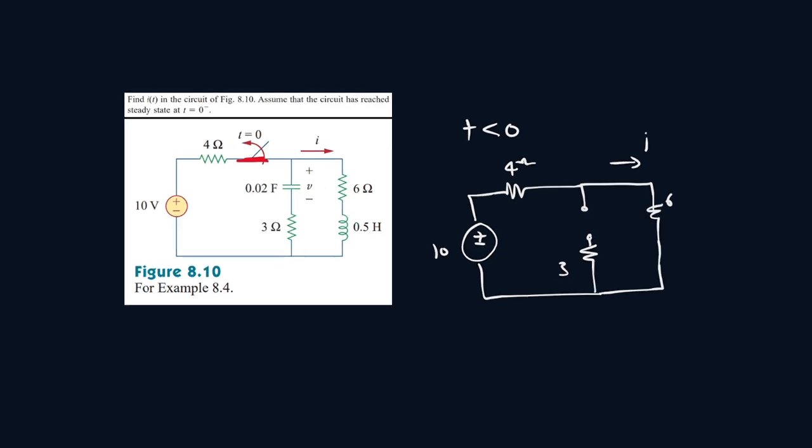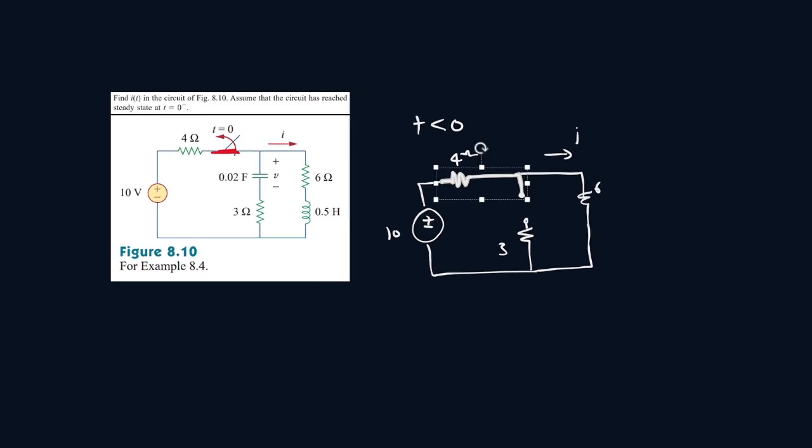And we're going to find the current in this state and the voltage that would have been at the capacitor at this state. So I will be 10 over 6 plus 4, which gives you 1 amp, and V will be 10 minus 4 times 1 amp, which should give you 6 volts.